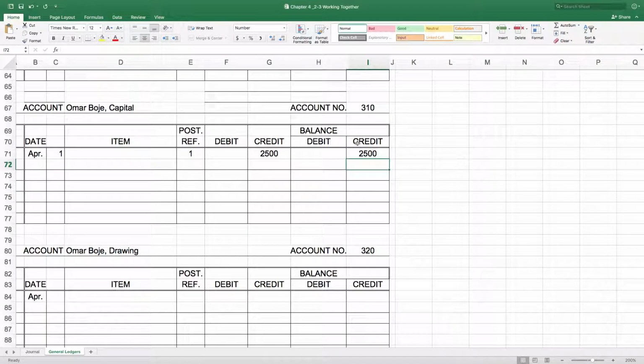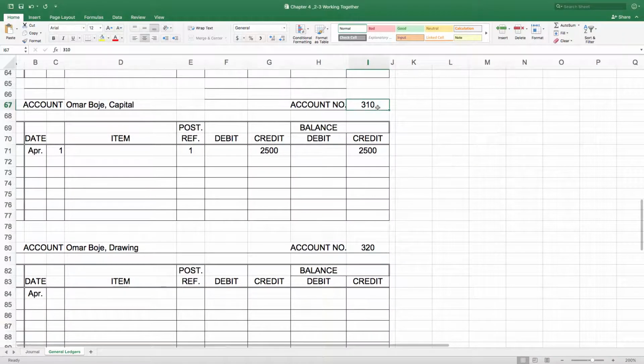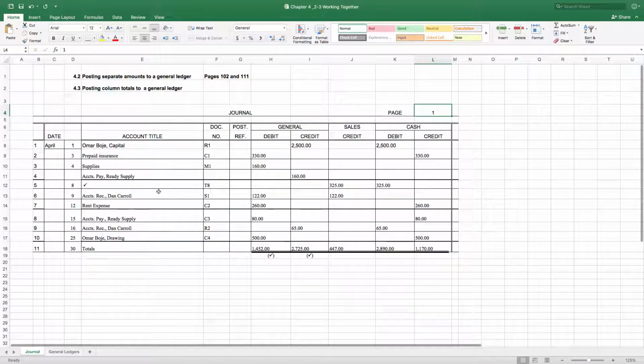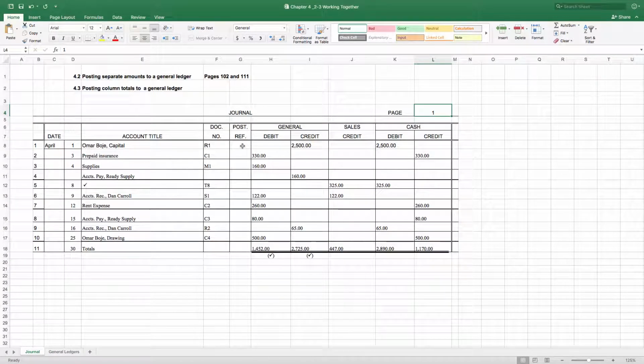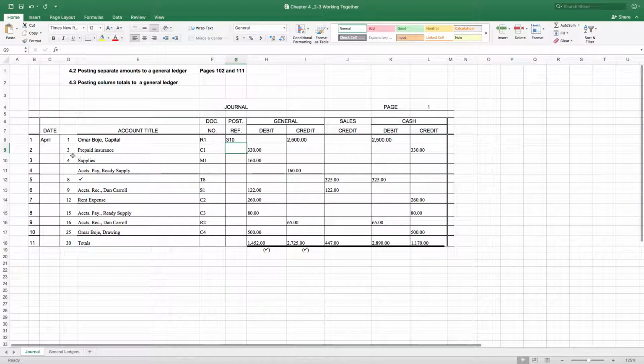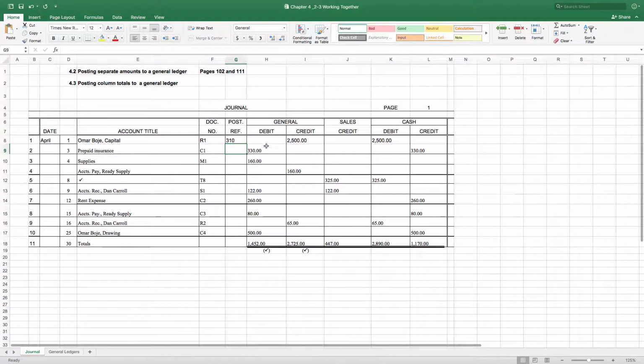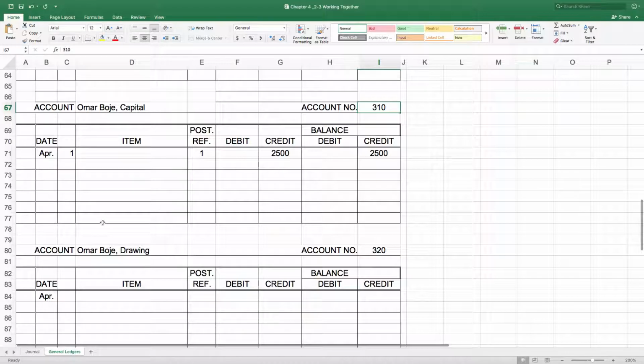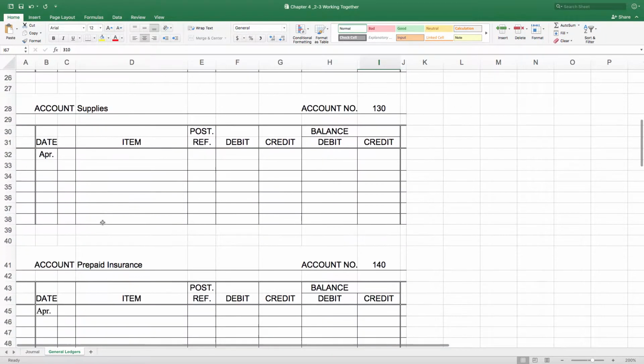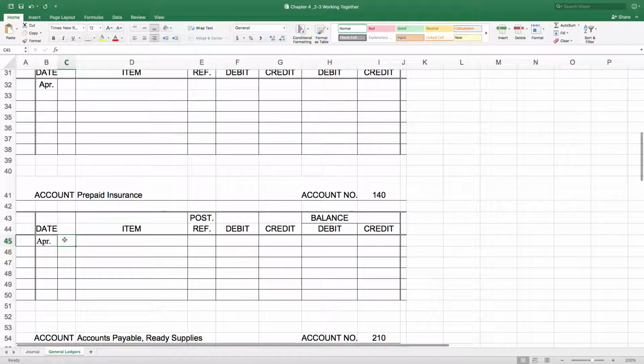When you're done with that, you will take the account number of your ledger and record it in the posting reference section of the account that you just posted. That account number was 310. Now we move on to the next one. Prepaid insurance on the 3rd has a $330 debit balance.